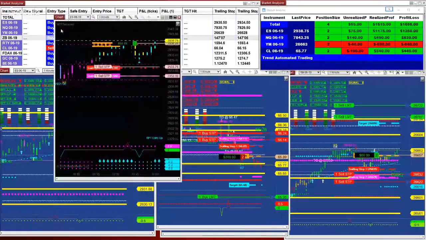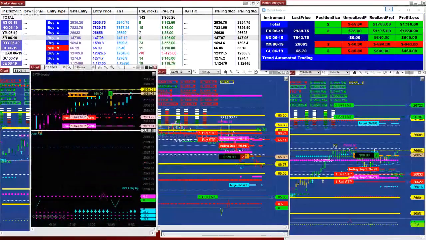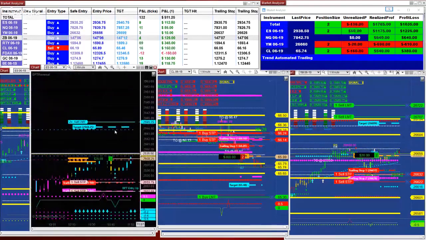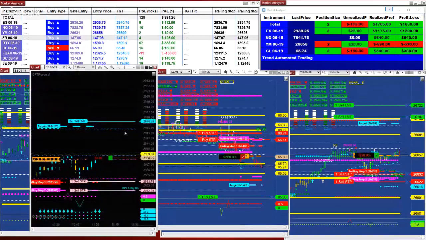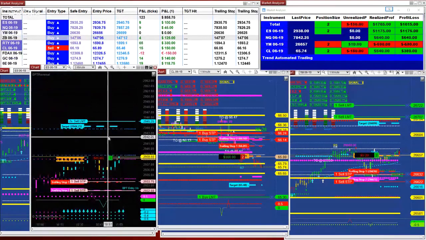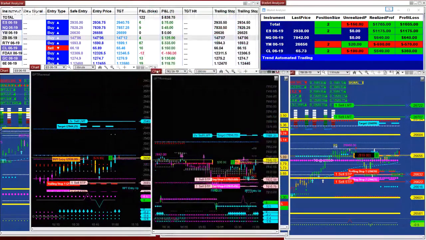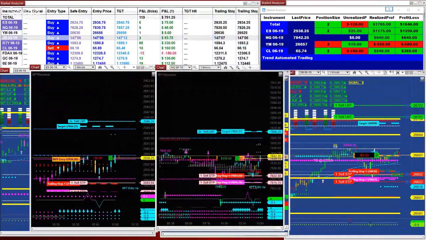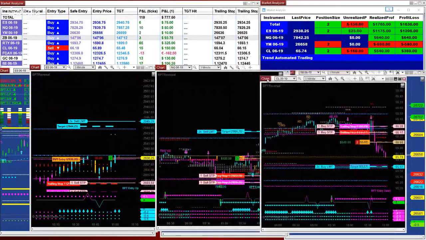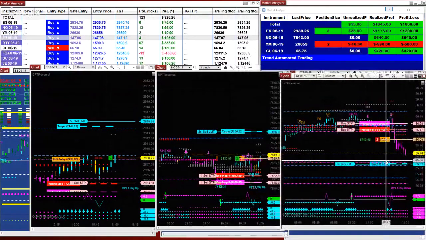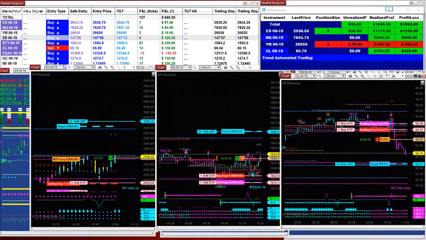On the ES 3 minutes, the automated trade just took an entry. And it took an entry on the Nasdaq, and the CL, we are still going directly to the number we have called, close at 65.63.